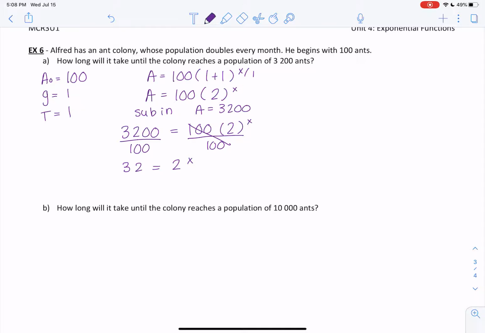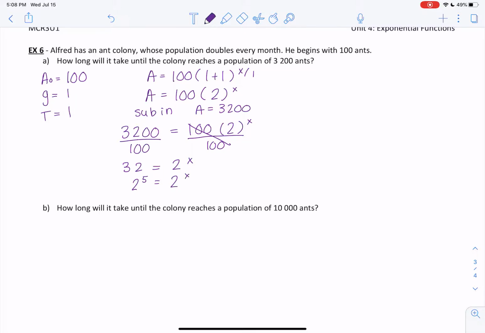So what I want you to do is start figuring out your powers of 2. So 2 squared is 4, 2 to the power of 3 is 8, and you're going to try those in your calculator. What you'll find out once you keep doing that is that 32 is equal to 2 to the 5.